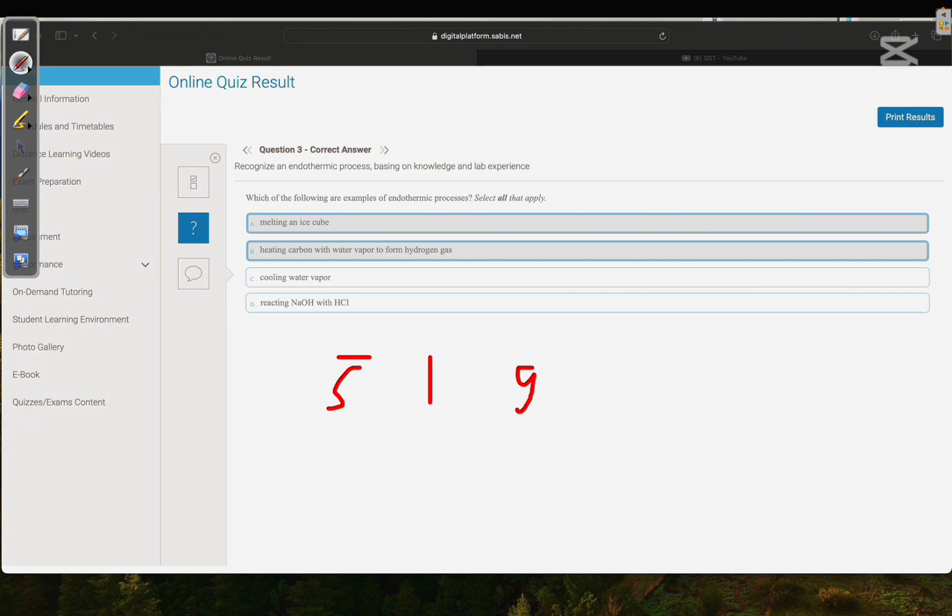Melting an ice cube, so when we're making it from solid to liquid or liquid to gas, it's endo. But the other way around, it's exo. And from liquid to solid, it's exo.